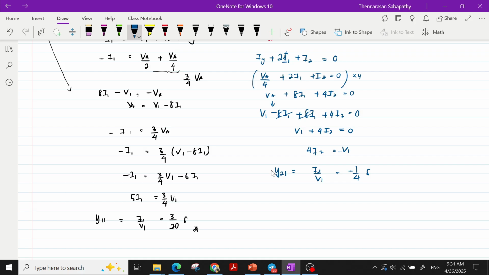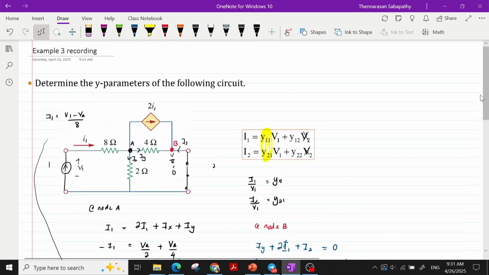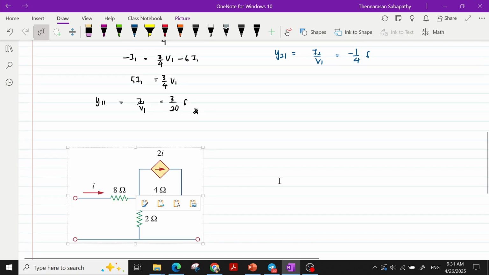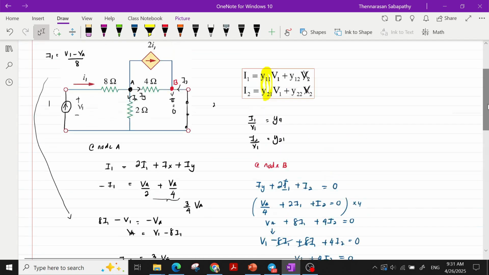So we managed to get the first two parameters, y11 and y21. Okay, so this is done. Next we go to the second equation, where we want to get y12 and y22. We redraw the circuit, and we observe this equation again.